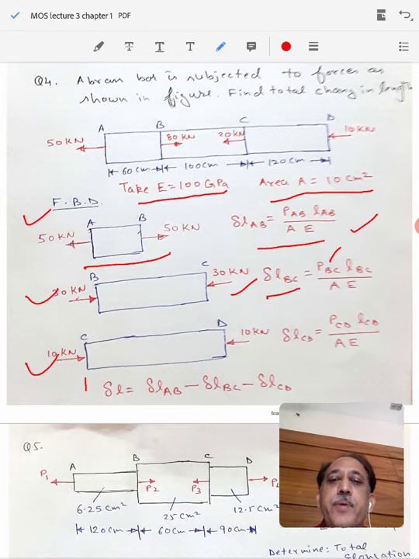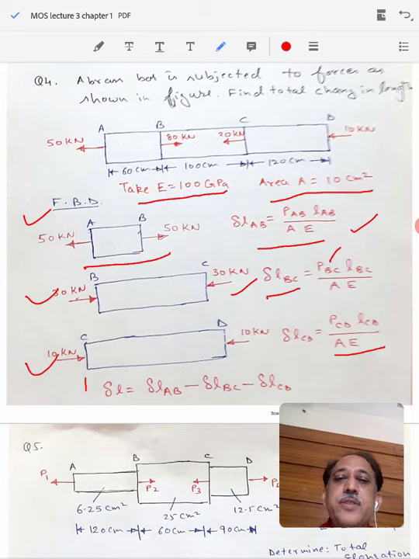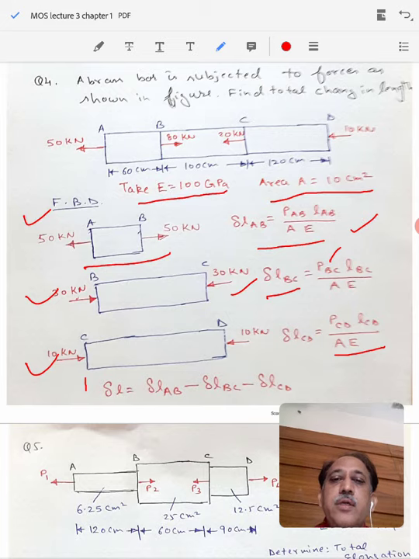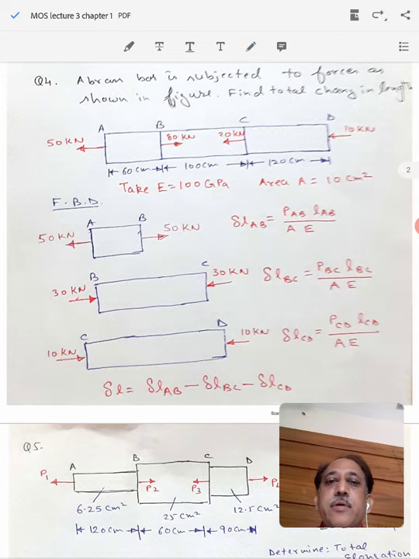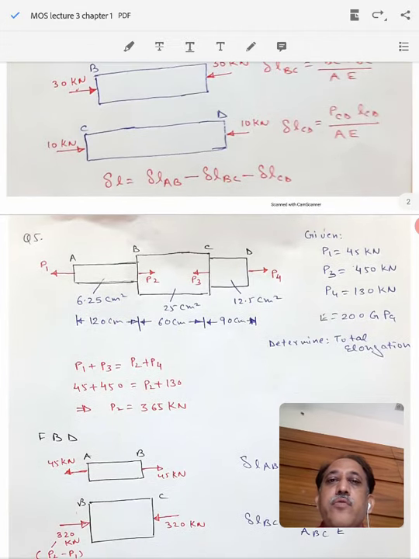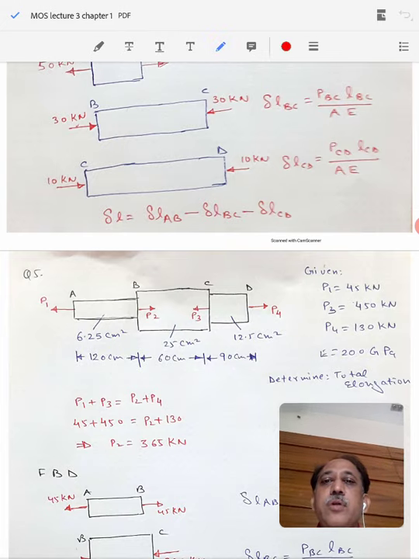Again, this force is of compressive nature, and because of this there will be a decrease in the length of the section CD, which you can calculate using this formula by keeping the value of PCD as 10 into 10 to the power 3 newtons. Now the time comes to apply the principle of superposition. So we need to use the proper sign.